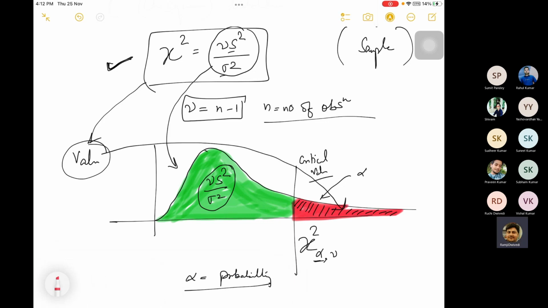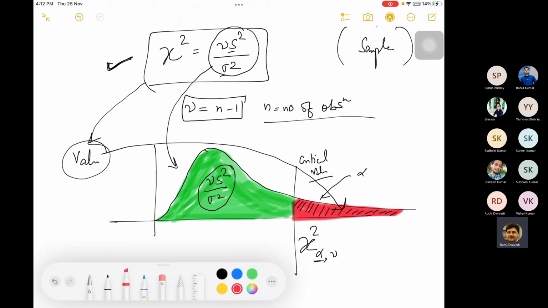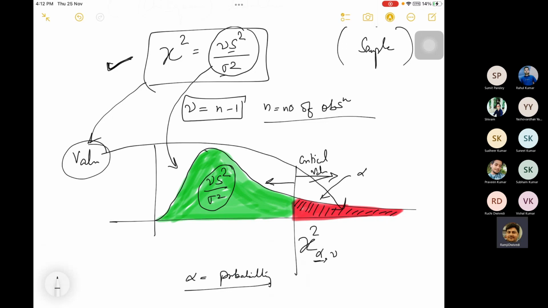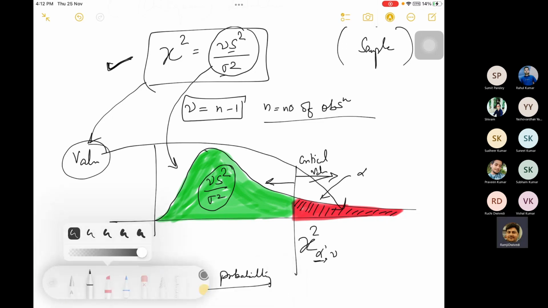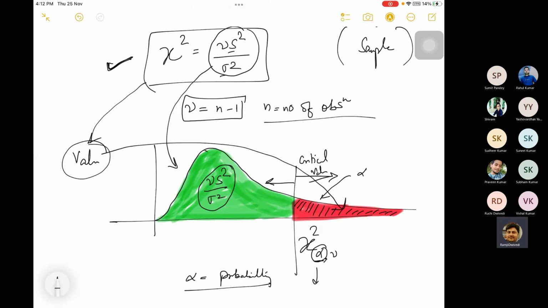How will this region be decided? Because this bar can continuously go here and here also. So this will be decided based on the selection of this alpha. What is alpha? Alpha is known as your so-called probability level, or we could also call it a certain percent probability with which you are calculating this chi-square value.